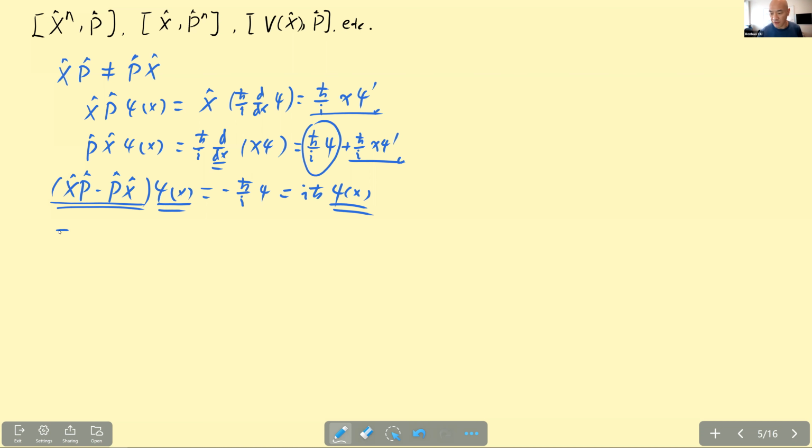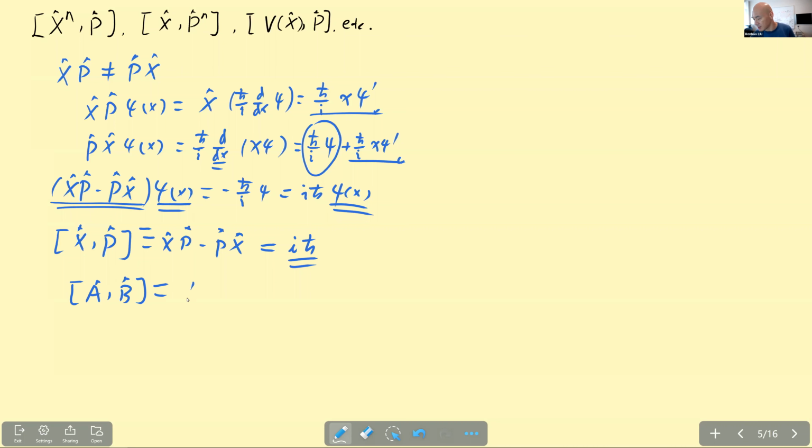So in this sense, we define the commutator. This one equals x p minus p x. So this just equals i h bar. That's the definition. And for any two operators, this can be generalized. It's just defined by A B minus B A. We are going to encounter such commutators again and again in quantum mechanics.